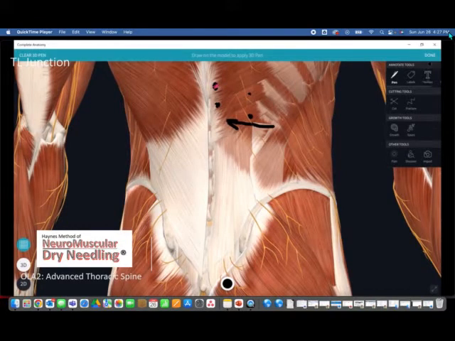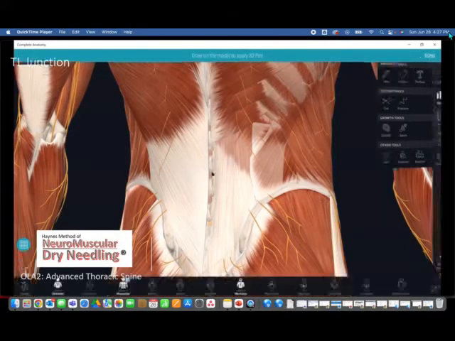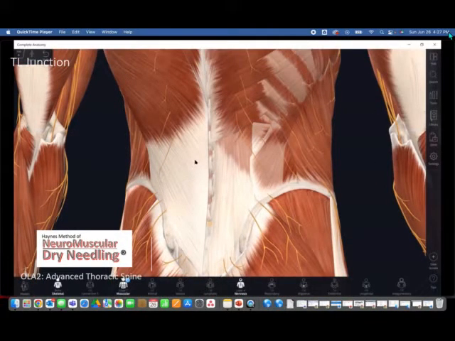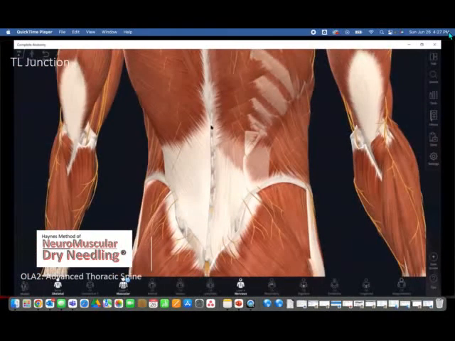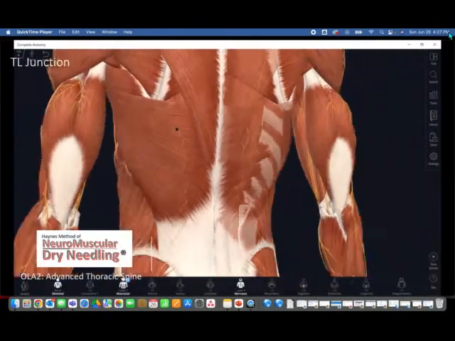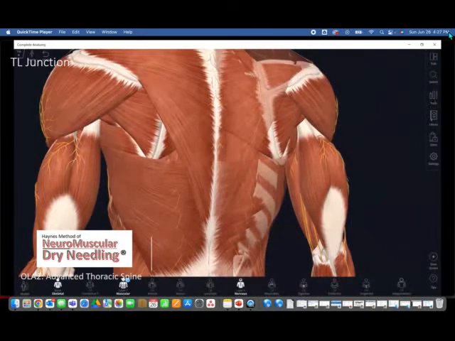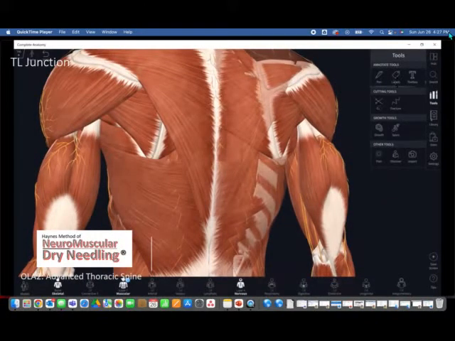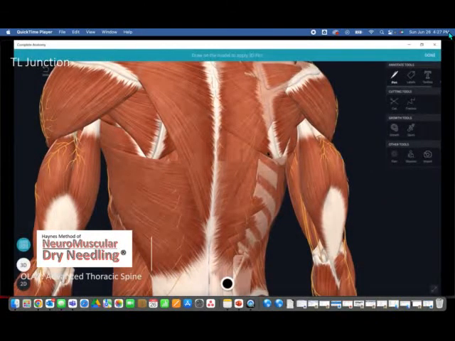Our secondary locations are going to be the latissimus and the lower trapezius. The lower traps we can catch right here. We'll just grab those with a pincer grip, lumbrical grip possibly, and then thread across this direction.